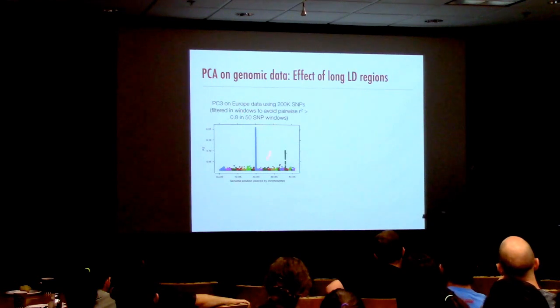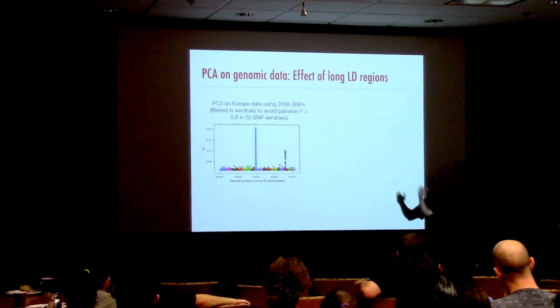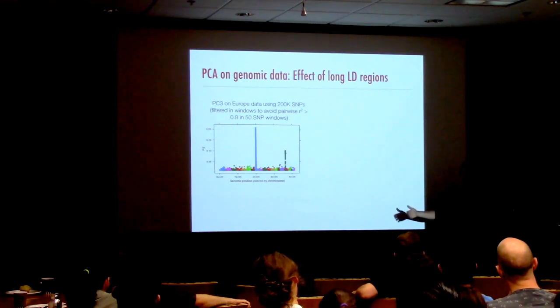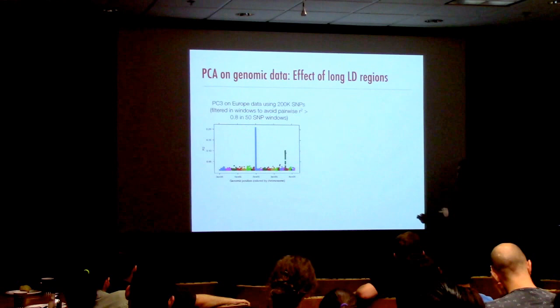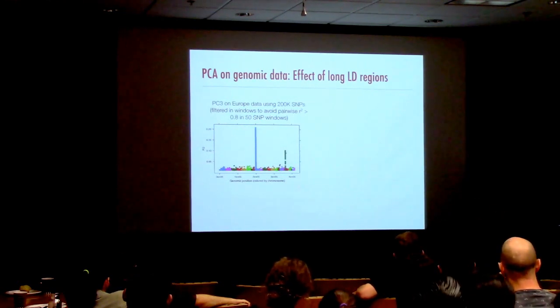These turn out to be regions where there are known polymorphic inversions, so large megabase-scale inversions that lock up a large number of SNPs together. And so the principal component is not explaining some genome-wide pattern of covariance, but instead capturing that there are sets of individuals that have one version of the inversion, others that have a different inversion genotype.